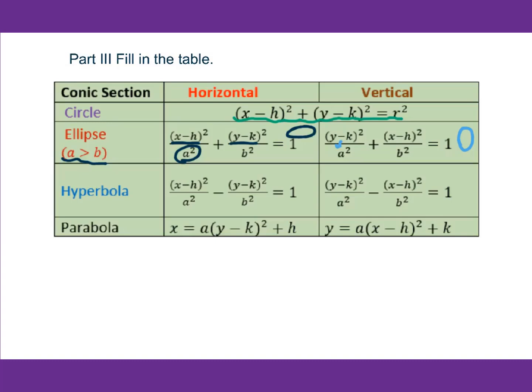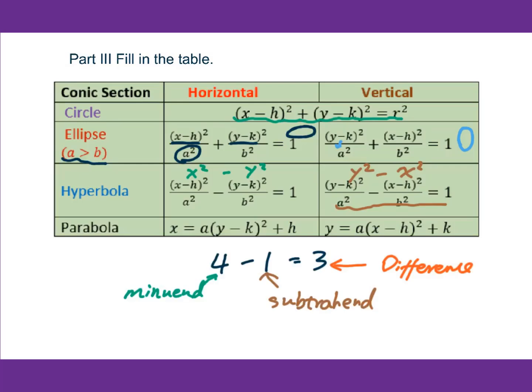For hyperbola, this is a horizontal hyperbola because it's x squared minus y squared. While this equation for hyperbola is a vertical hyperbola because you have y squared minus x squared.